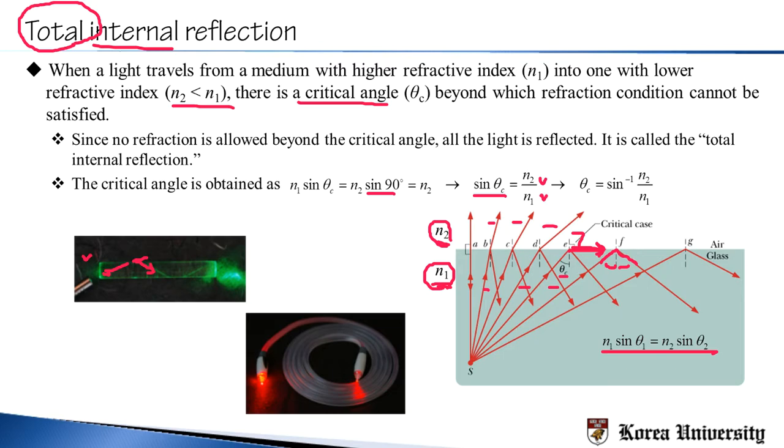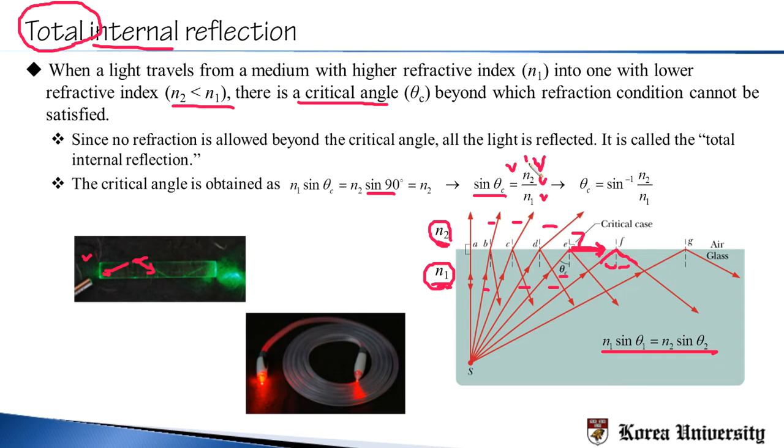And given this, now you can see that if N2 is larger than N1, then this equation cannot be satisfied, because the sine value of any angle cannot be larger than 1. So therefore, if N2 is larger, there will be no total internal reflection possible.